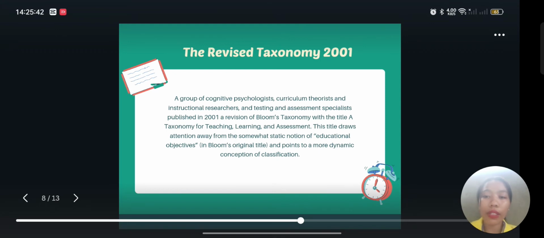This is the Revised Taxonomy of 2001. A group of cognitive psychologists, curriculum theorists, instructional researchers, and testing and assessment specialists published in 2001 a revision of Bloom's taxonomy with the title A Taxonomy for Teaching, Learning, and Assessment. This title draws attention away from the somewhat static notion of educational objectives in Bloom's original title and points to a more dynamic conception of classification.